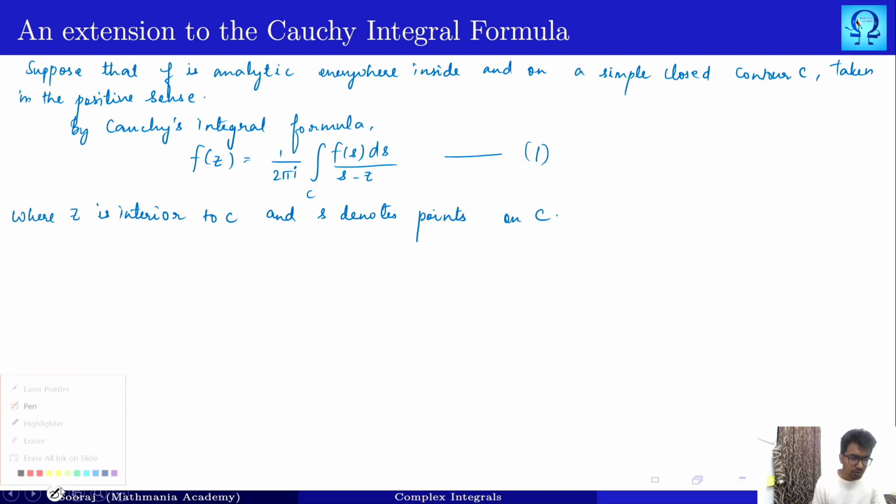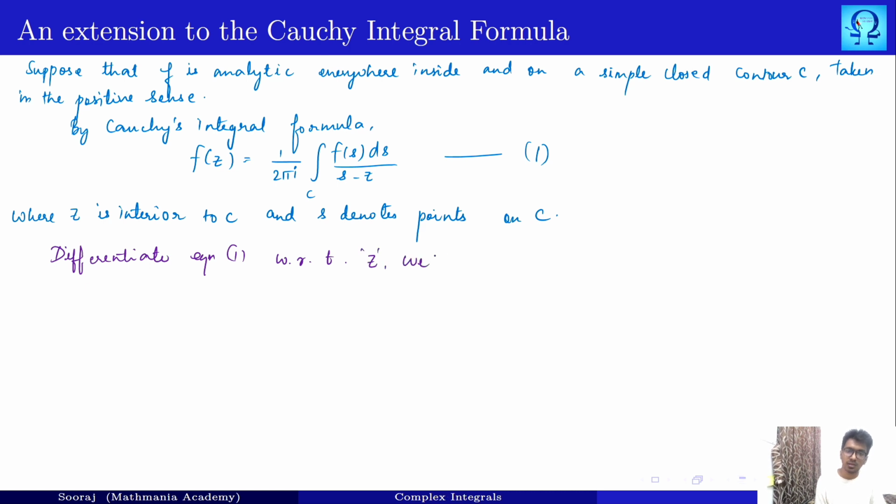Right. So here, if you just differentiate equation 1 with respect to z, we get f prime of z equals 1 upon 2 pi i integral over c f of s ds upon s minus z whole square.